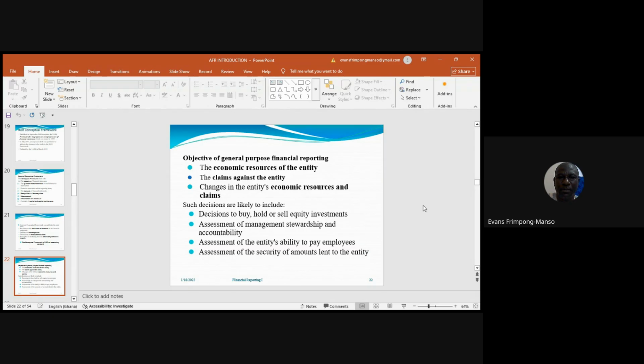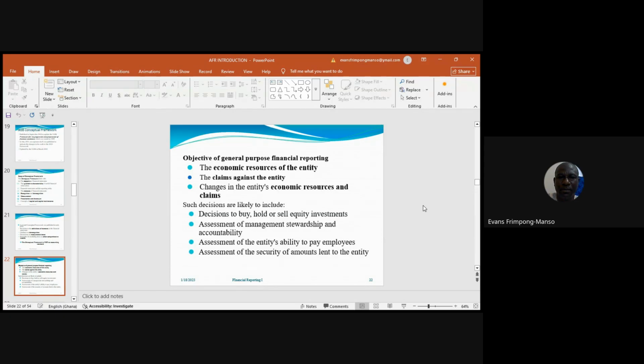It will also show the financial position of the entity. Then it will also show how the entity has complied with legal and other regulatory requirements.